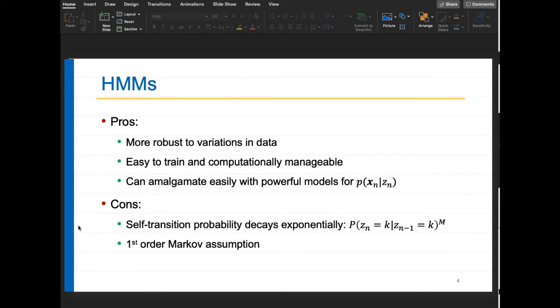That is the disadvantage of using HMMs. And why is this so? Because of the first order Markov assumption. Because you have assumed the first order Markov property, you cannot model that my duration is 10 frames in general. This is the major disadvantage of using HMMs.